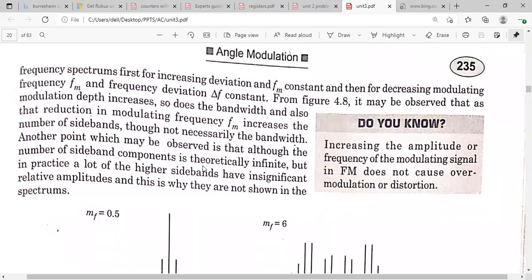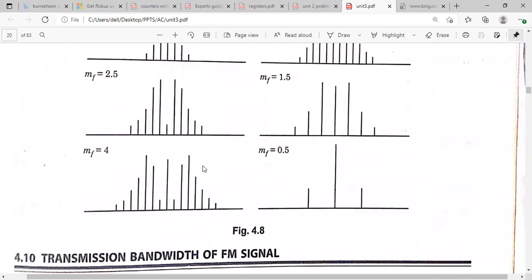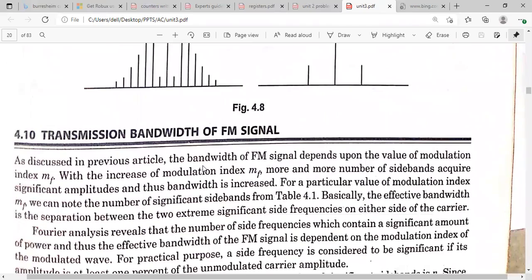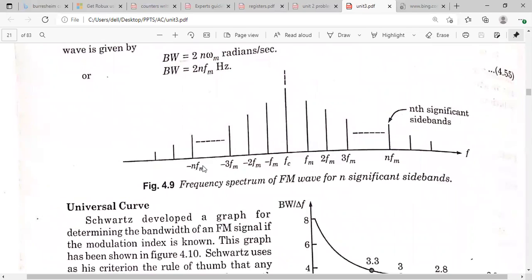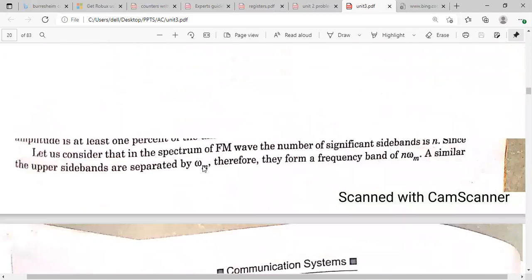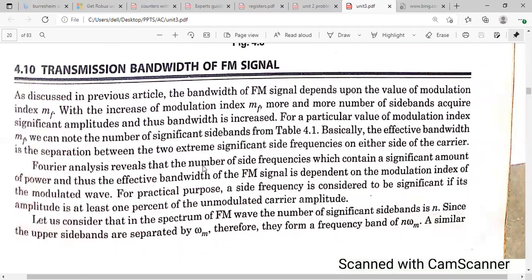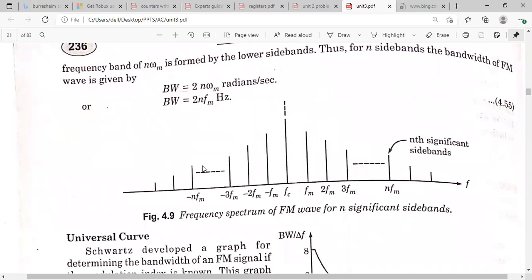By improving the modulation index, the number of sidebands will increase, so that you can get a larger bandwidth. And this is the transmission bandwidth of the FM signal.